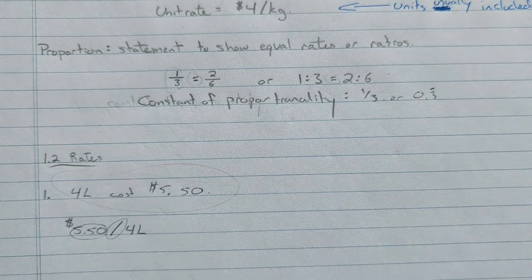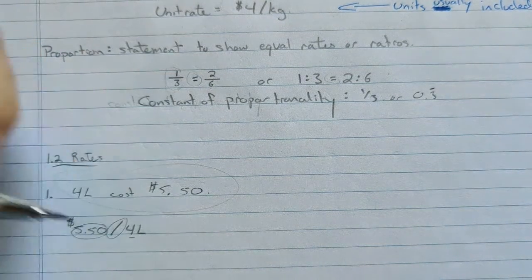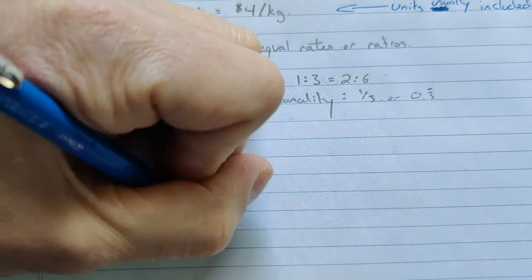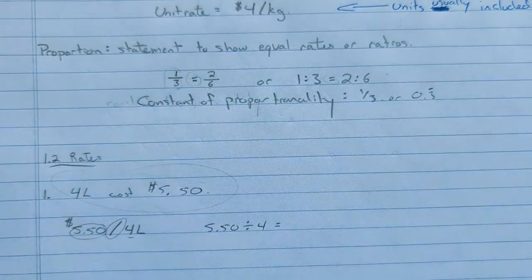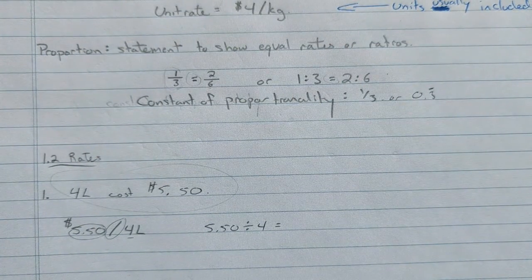It means divide. We divide 5.50 by the 4. So $5.50 divided by 4. And when we do that, that is going to give us our unit rate, and so we end up getting $1.375 per liter.